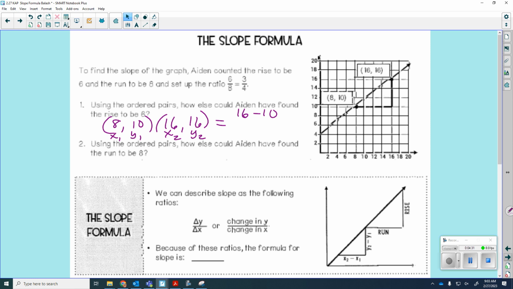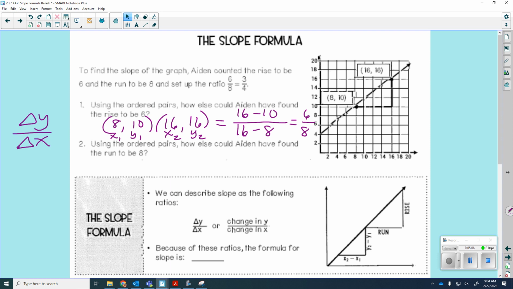We have to do the y's first, over 16 minus 8. Well, what is 16 minus 10? 6. What is 16 minus 8? 8. Isn't that the same thing as what we did a minute ago, rise over run? It's just a fancier, more broken down way of saying change in y over change in x, but I just wanted to make sure that you guys have seen that before, okay?